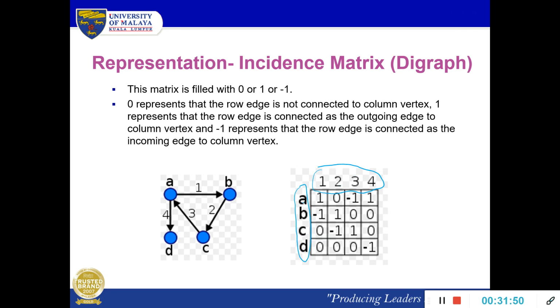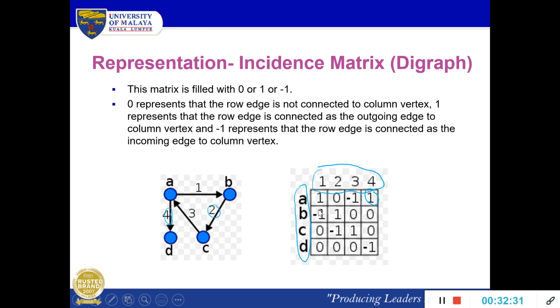So A and 1, yes. 1 represents that the edge is connected as an outgoing edge. A, 1 is outgoing from A, so you put 1. Is A incident with 2? No, you put 0. Is A incident with 3? Yes, but as incoming, you put -1. 4, as outgoing, you put 1.